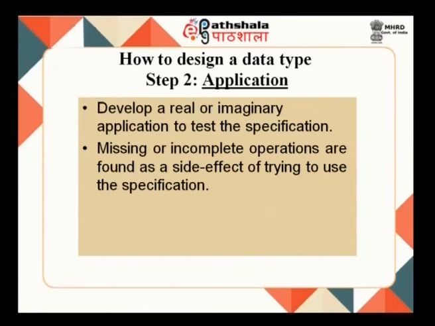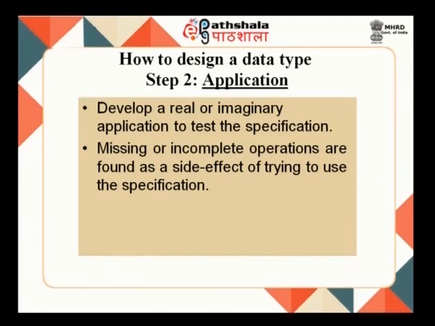You develop a real or imaginary application to test the specification, because what you are doing essentially for an abstract data type is specifying that data type. Sometimes when you design it, you may miss an operation or you may not do an operation properly. For example, you may not give the correct output which is necessary for your program. So, that side effect can be found by trying to use the program or the specification.